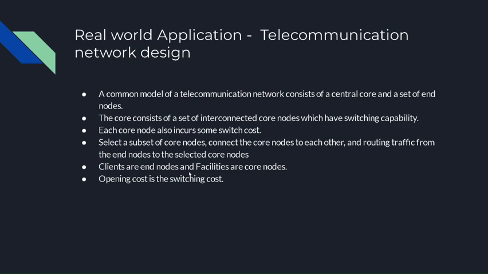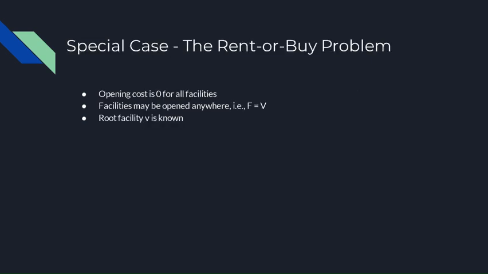If you can see the analogy here, the clients are the end nodes, the facilities are the core nodes, and the switching cost that I mentioned is nothing but the opening cost. So this problem can be converted to the ConFL problem and solved.